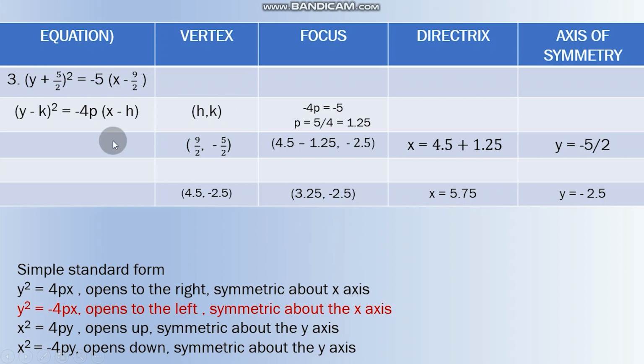So, we know that this equation would be opening to the left. It is symmetric about the line parallel to the x-axis but not the x-axis anymore, because the x-axis applies when the vertex is at (0, 0), but this one has a different vertex, because there are numbers beside the x.